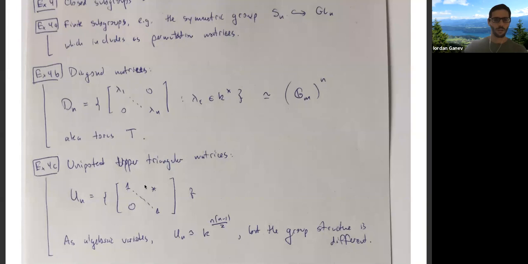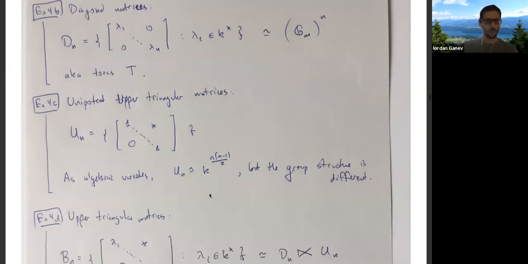But in this group, the addition is not coordinate-wise. These come from the entries above the diagonal, where we can have anything we want, but the group structure is different. It's an extension of additive groups, but not a product of additive groups.